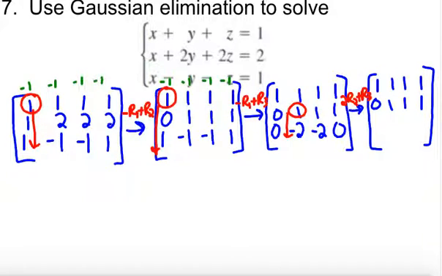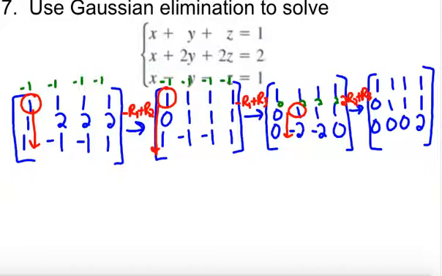Again, the green's just for calculation purposes. I'm multiplying this by 2, so I get 0, 2, 2, 2. And I'm going to add that to row 3. So 0 plus 0 is 0, 2 minus 2 is 0, 2 minus 2 is 0, and 2 plus 0 is 2.